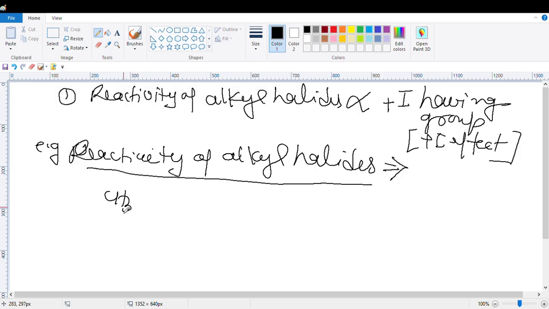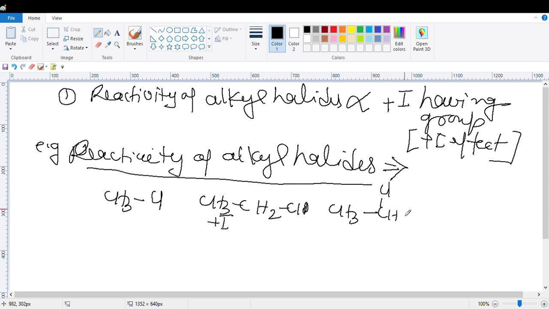So CH3Cl has one CH3 and ethyl chloride has one plus I having group, that is CH3, and isopropyl group has 2 plus I having groups, tertiary butyl group will have 3 plus I having groups. That is why the C-Cl bond of tertiary butyl group will be the most polar. So reactivity depends on the polarity of the bond.